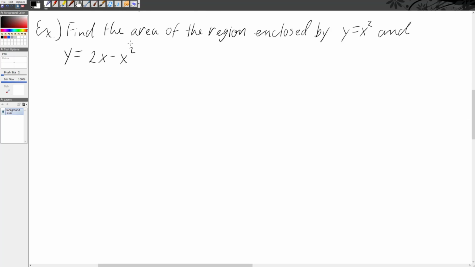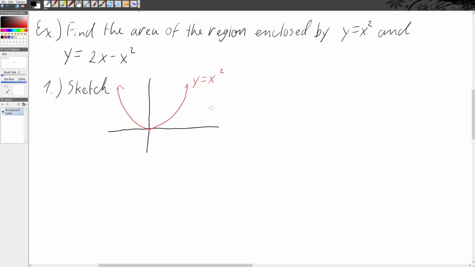Usually when you want to solve this kind of problem, given a problem like this, find the area of the region enclosed by x squared and 2x minus x squared. For this kind of problem, what you want to do is first sketch a graph so that you can get some sense of which function is on top and which function is on the bottom.